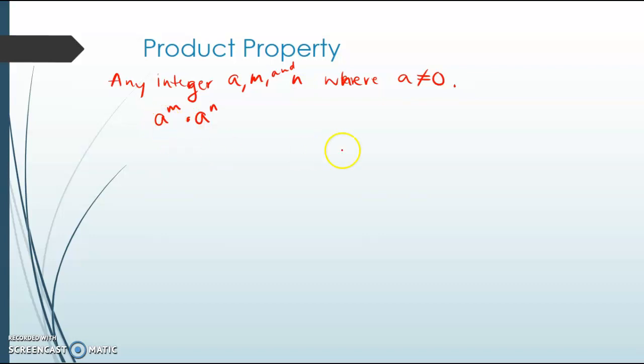All right, so just a quick reminder, powers are the whole thing. So this whole thing is a power. My m in this picture up here, that's an exponent. I'm going to call it expo. And the a is a base.